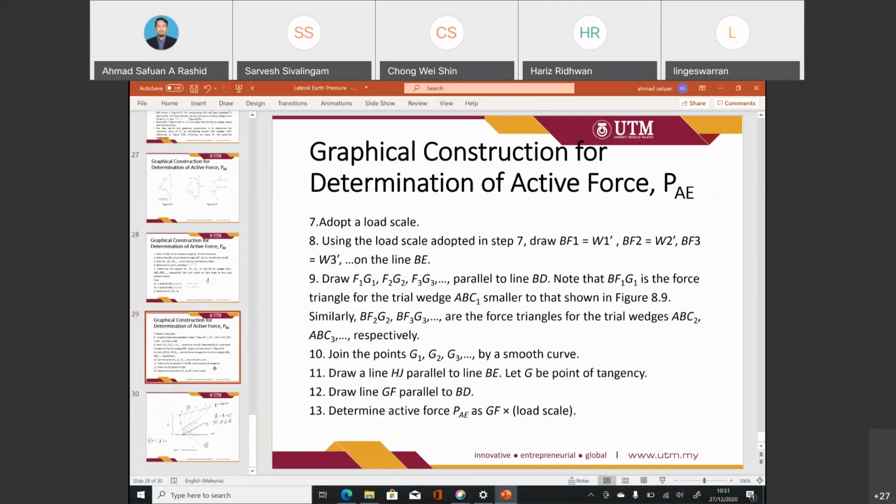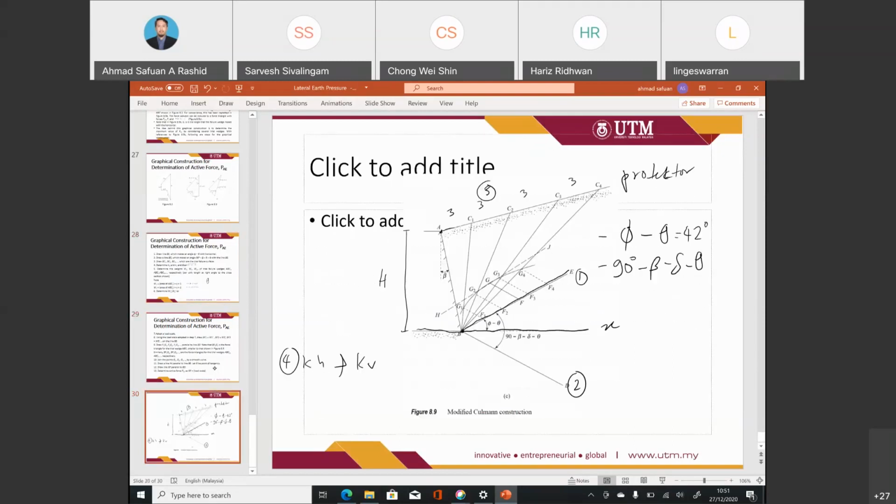Later on, you need to determine the value of this trial failure. How to get it? You need to use the area of the triangle, which is half times the length and the width.